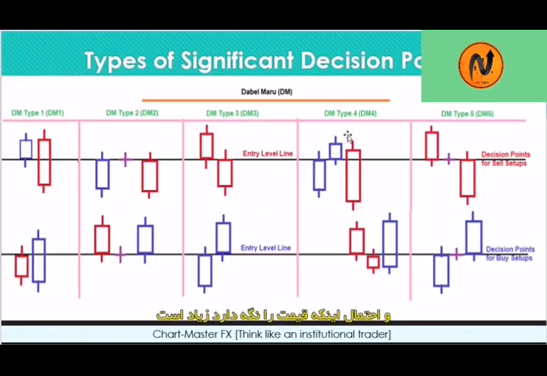So guys, we go to decision point type 4. On the decision type 4, guys, you can see that we have some bullish candlesticks here, and we have a bearish candlestick here. So guys, what you need to do here is that you can see that we have an entry level line.